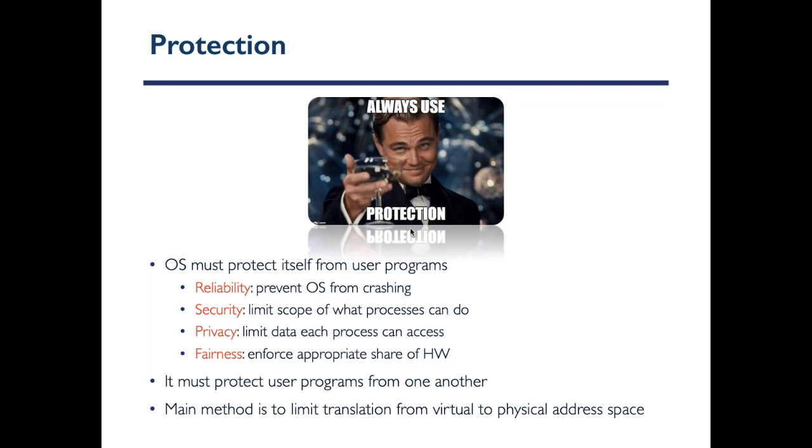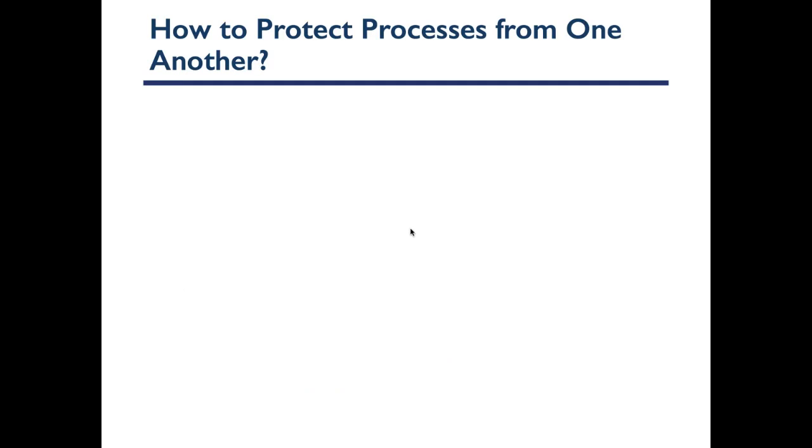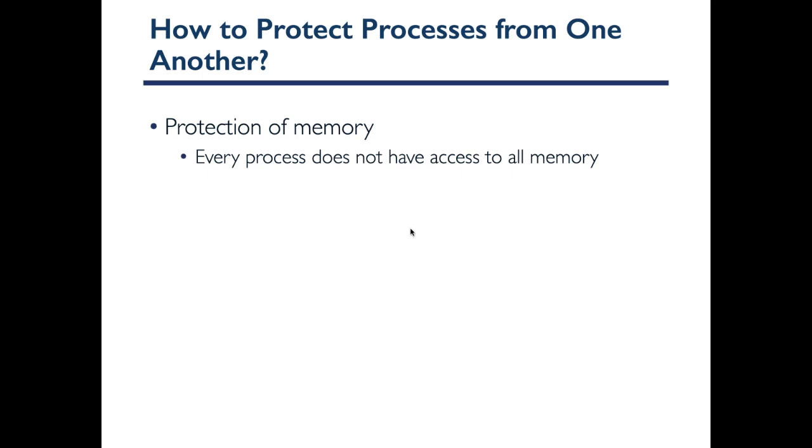So the main method that operating systems use to provide protection is basically the translation from virtual to physical address space. That's where the bulk of this protection mechanism comes into the picture. This is again just scratching the surface. We'll have an entire lecture or two about this translation, virtual to physical memory.